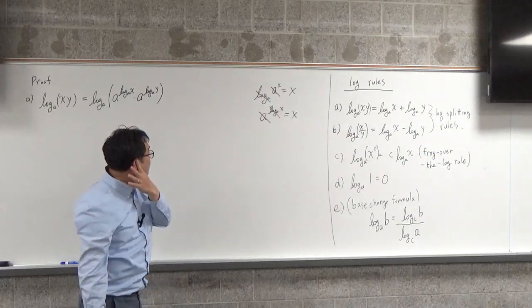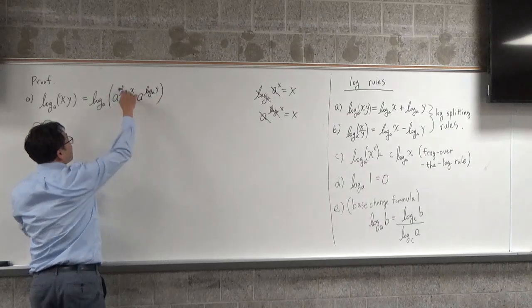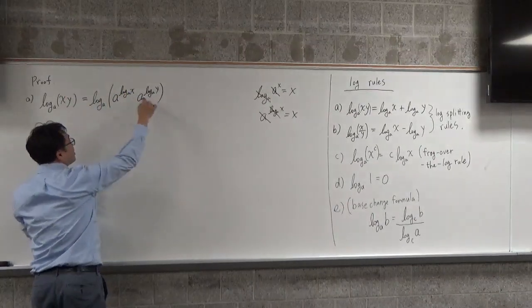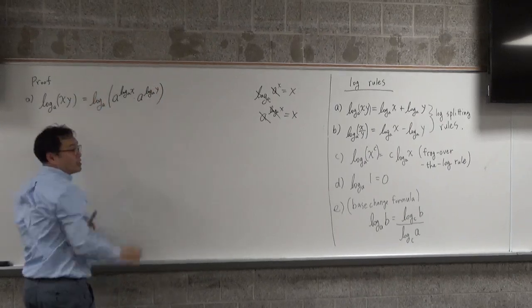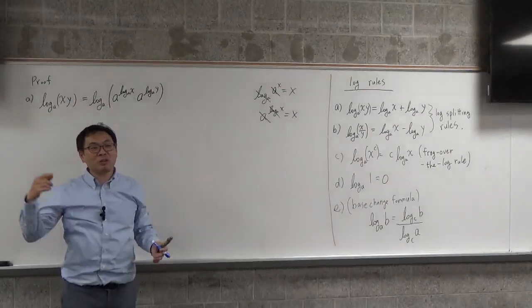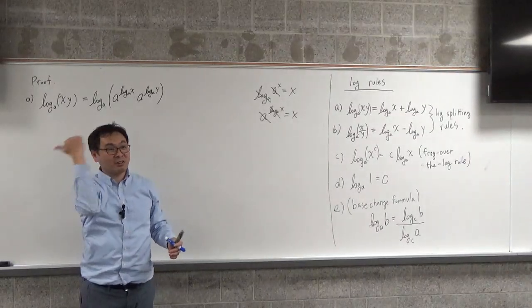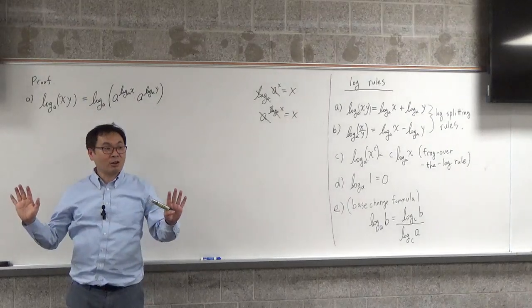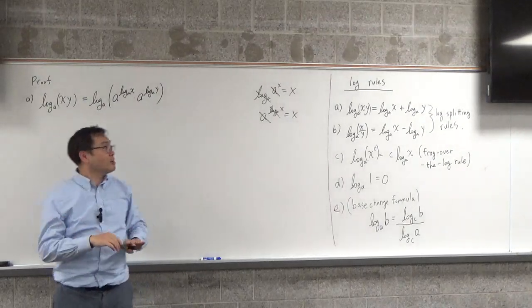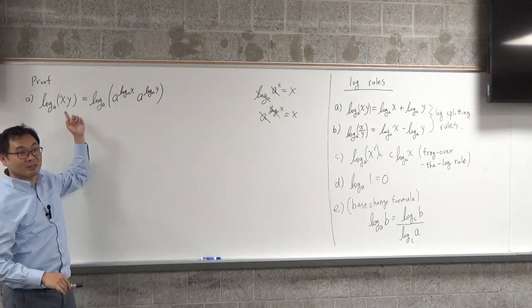So if you took this one and canceled these two, you get x. If you took these two and canceled, then you get y. As usual, when I ask you to verify an identity, you don't go this way, you go backwards. That's easier. So you see that this is just a complicated way of writing this.